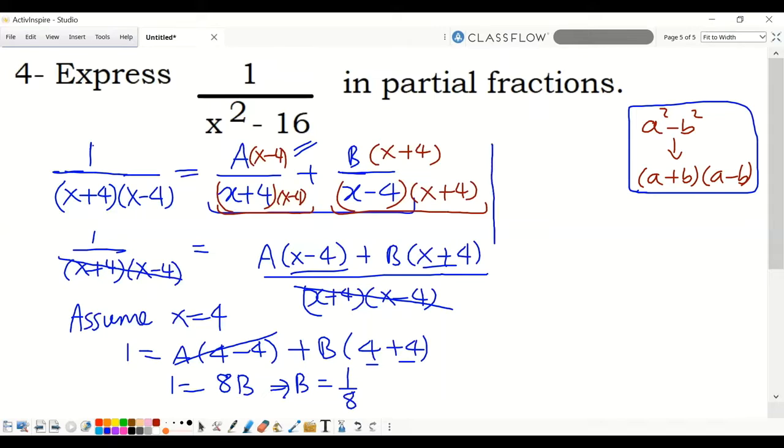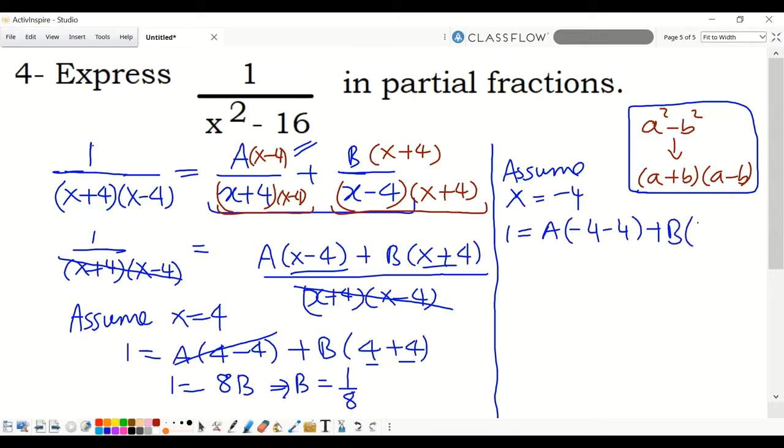Now, similarly, we'll assume x equal to minus 4 this time. So 1 equal to a times minus 4 minus 4, plus b times minus 4 plus 4. This becomes 0.